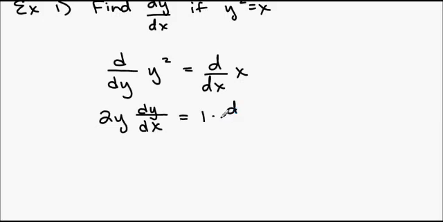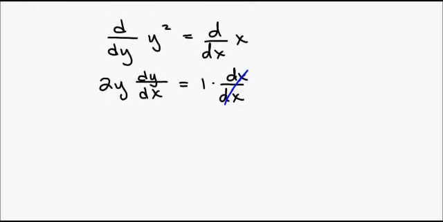This is equal to, well, the derivative of x is just a 1 times d/dx. So 1 times whatever the derivative of x is. Now, this is kind of redundant. dx over dx is just going to go away. So we're left with 2y dy/dx equals 1.